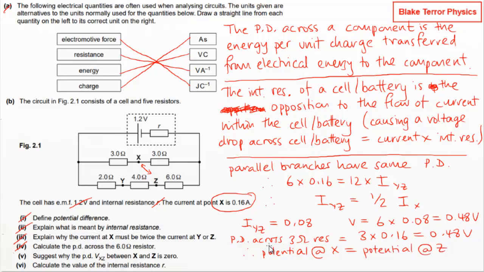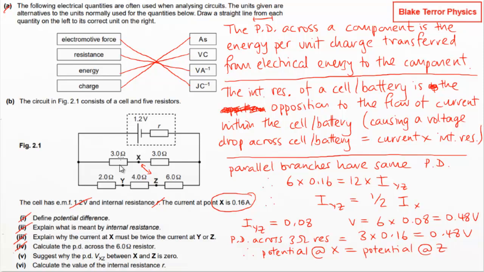It's quite nice with this as well, because it's adding the context here to potential difference. As in, potential difference is the difference in the potential from one side of the component to the other.